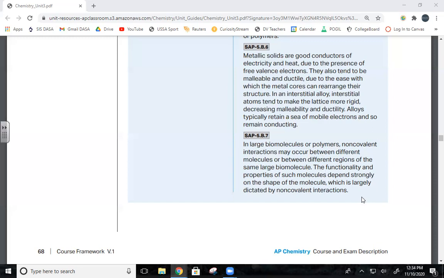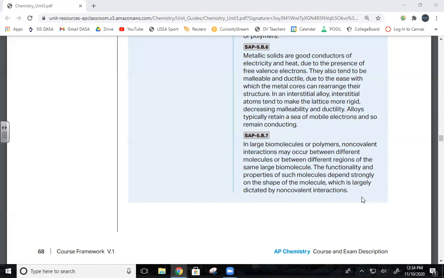These are huge, gigantic molecules, things that we will not see on a test about chemistry. We're talking about thousands of carbons with hundreds of hydrogens and nitrogens, and they're all sticking to each other. So I don't want to worry too much about that.